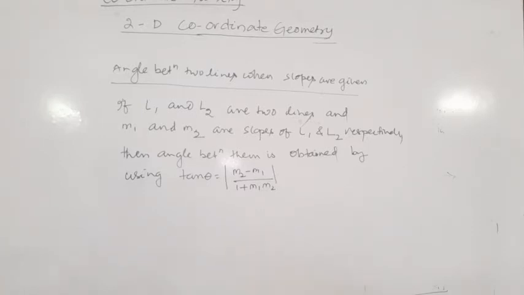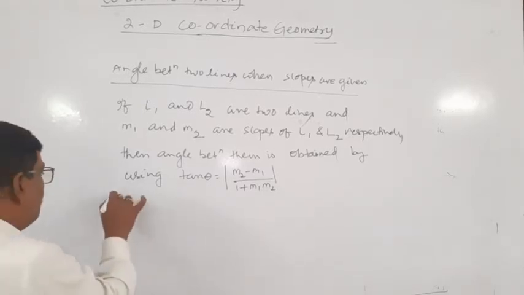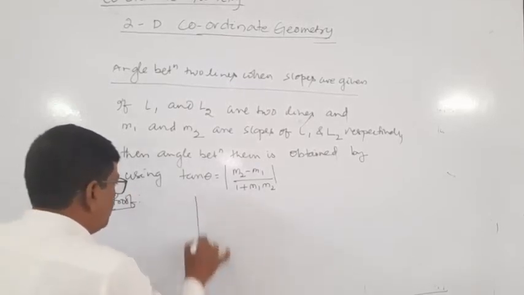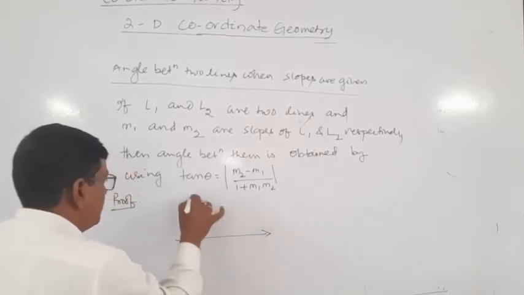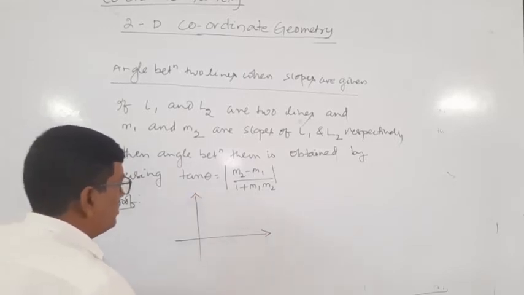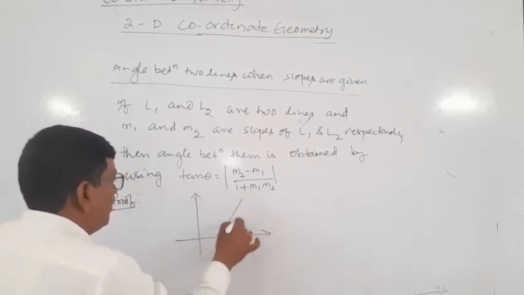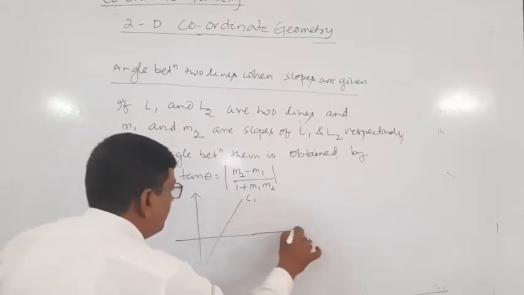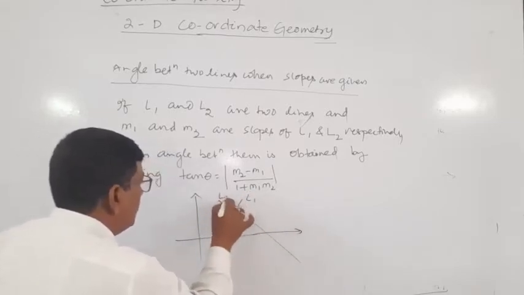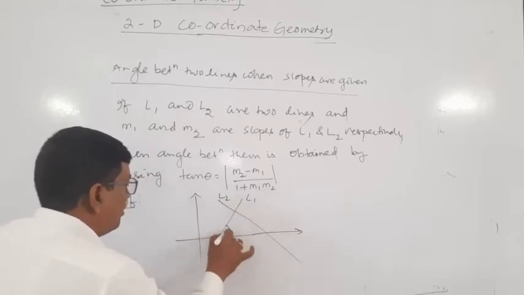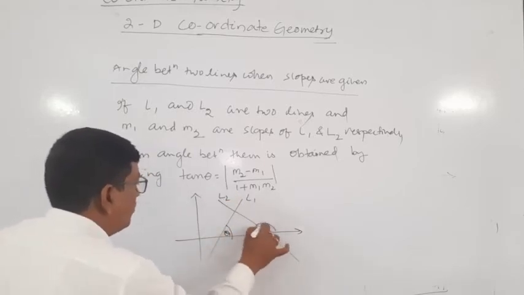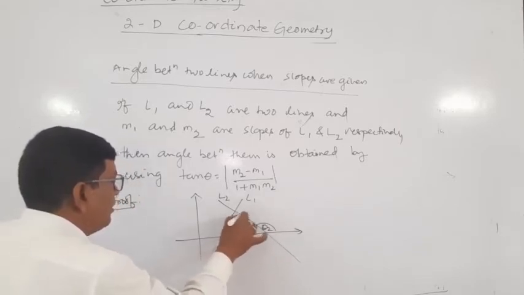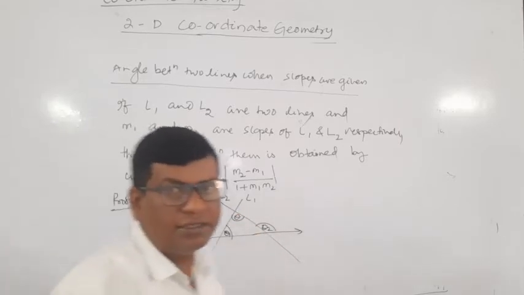Now the proof of this formula. Suppose this is the coordinate axis. Suppose this is L1, and this is L2. This is theta 1, this is theta 2, and the angle here is theta.